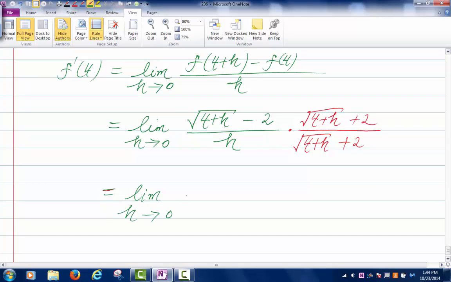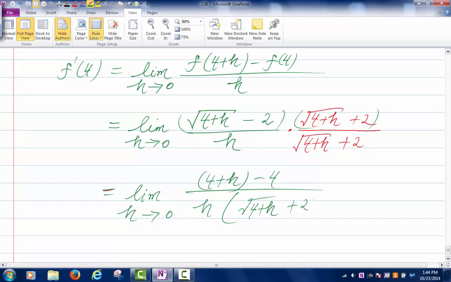When you multiply the two numerators, you're going to end up with 4 plus h minus 4, and the denominator would be, as it is, h times root of 4 plus h plus 2.